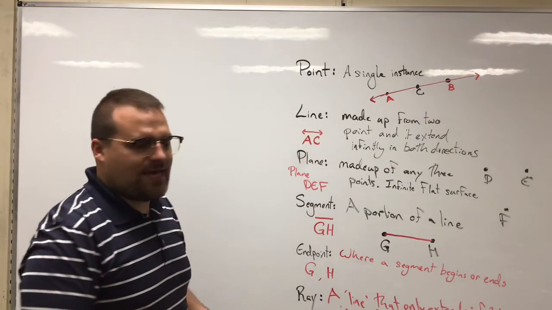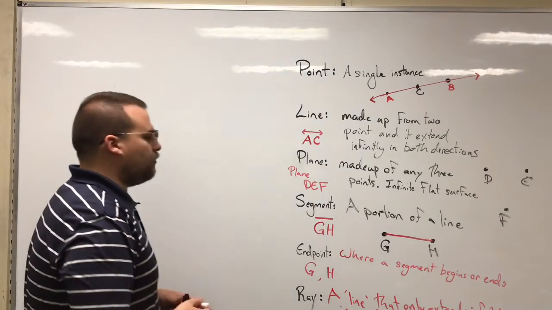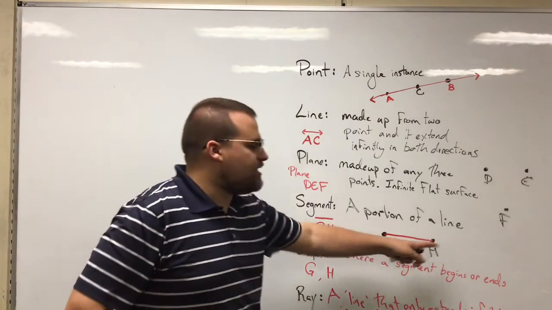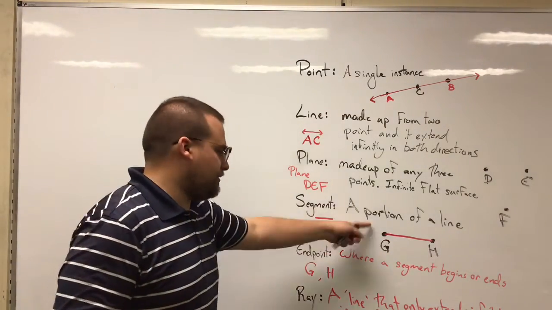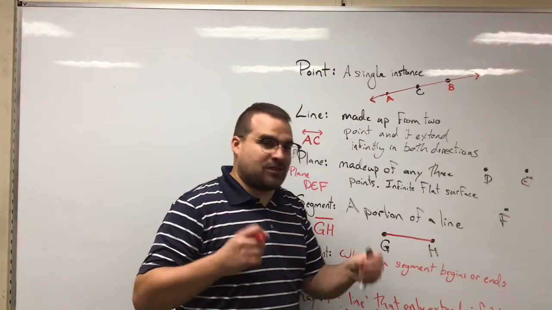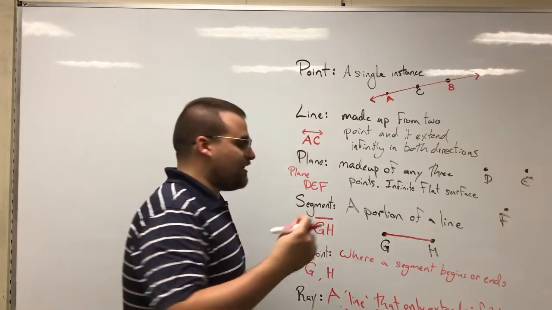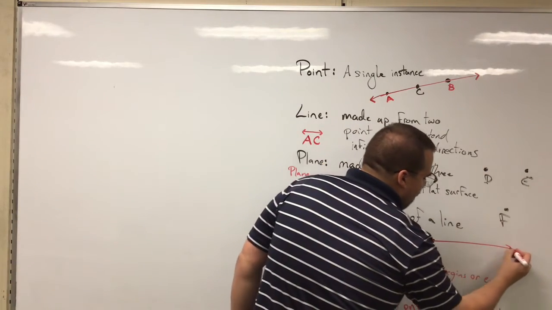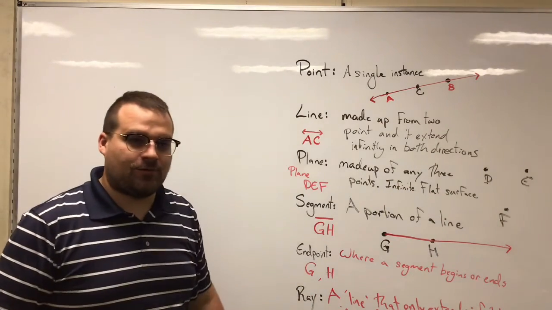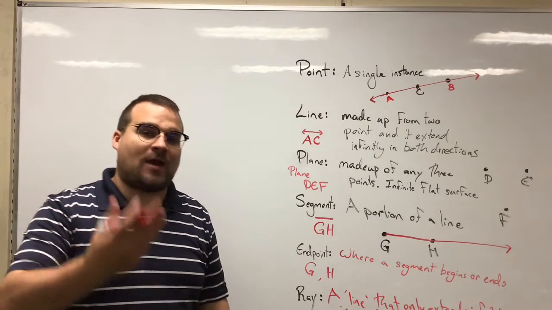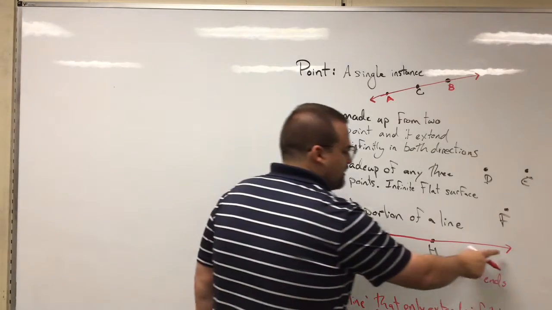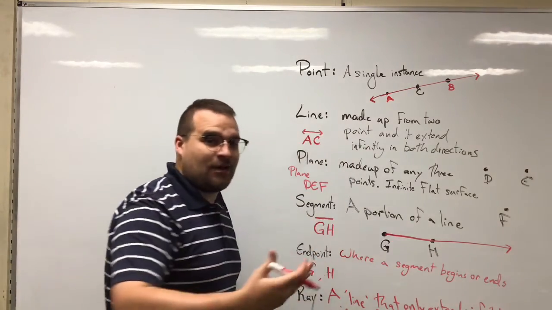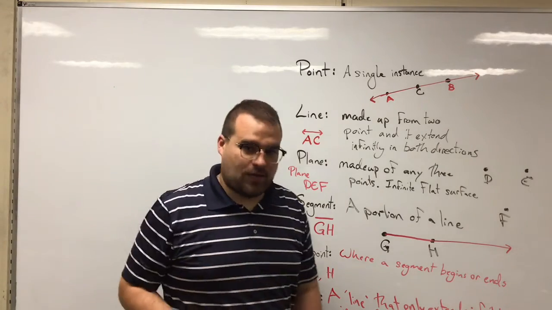Meaning that if we have a couple points, like G and H, currently this is a segment because it stops at those endpoints. But if instead of stopping at an endpoint, it just went on forever in that direction, it would be a ray, because it is only extending infinitely. It only has that arrow on one side of the line.